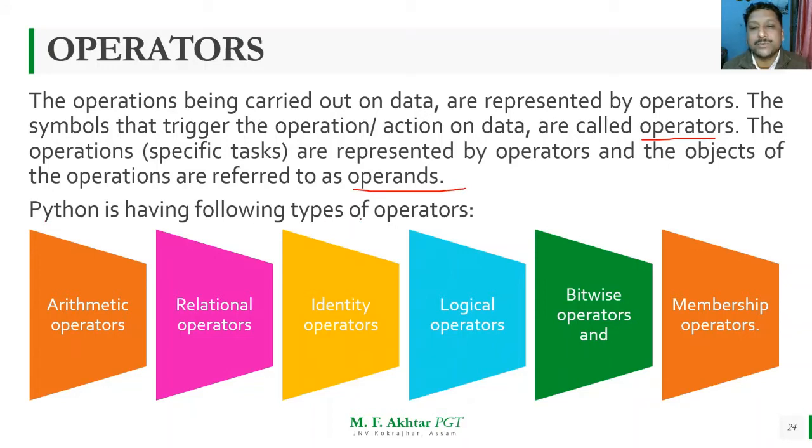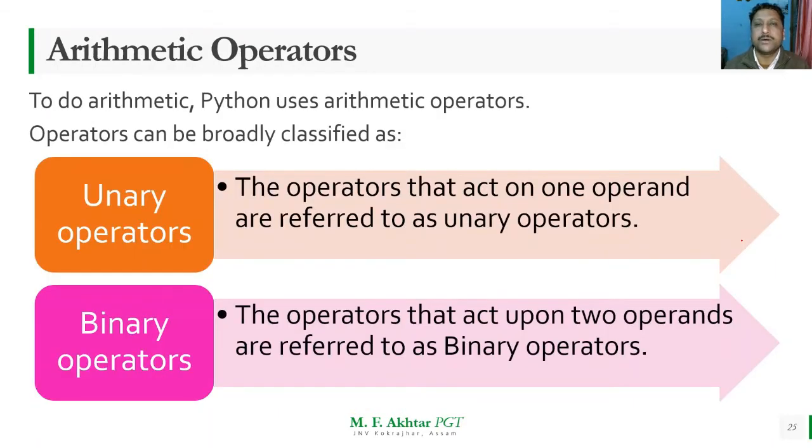Python has the following types of operators: arithmetic operators, relational operators, identity operators, logical operators, bitwise operators, and membership operators. So many types of operators are available in Python. One by one, we are going to learn them, starting with arithmetic operators.